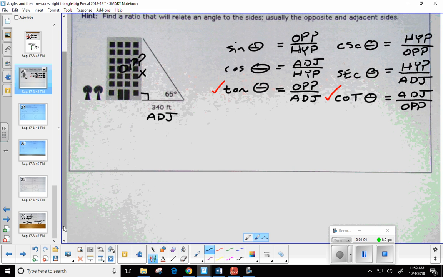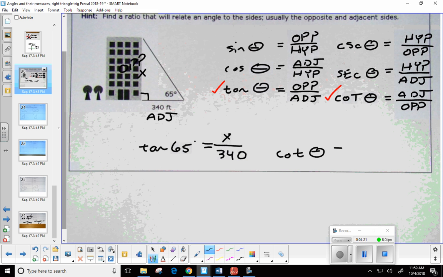So I'll just go ahead and write both of them. Now remember, it's always your choice. I could say tangent of 65 degrees is equal to the opposite x over the adjacent 340. Or I could use cotangent. But remember, cotangent is the reciprocal, so it would be the adjacent 340 over the opposite x.